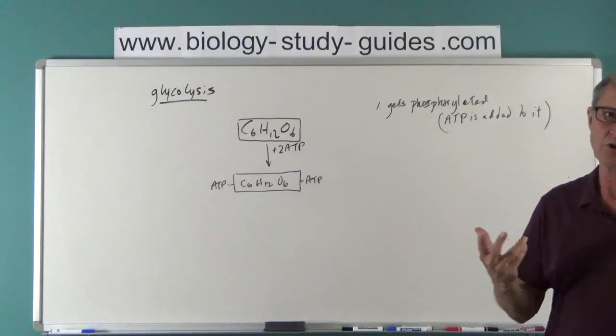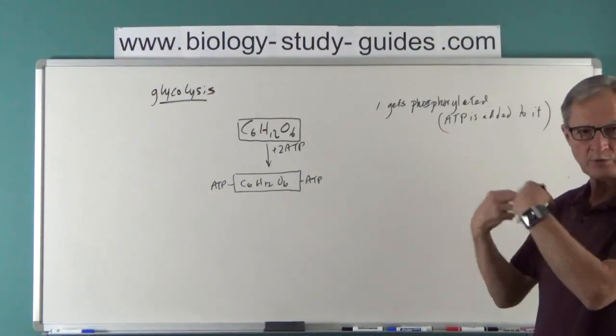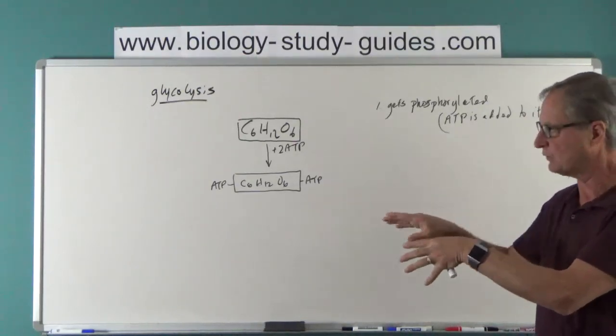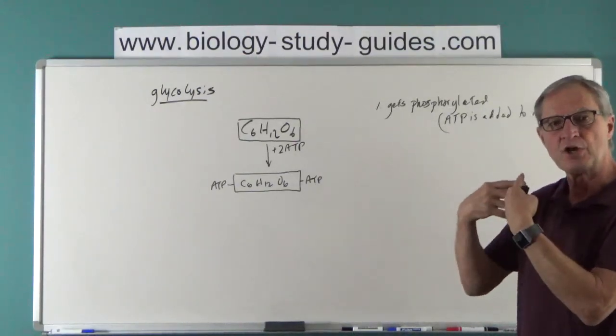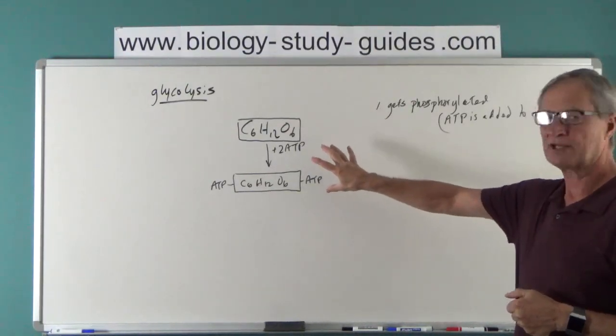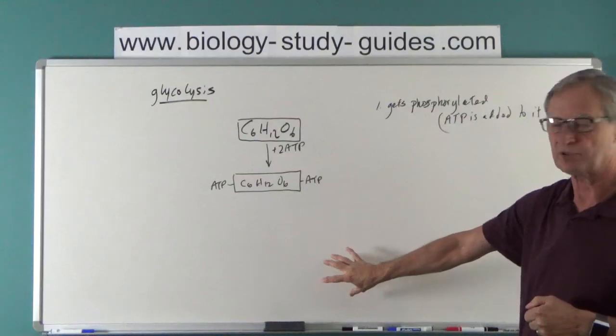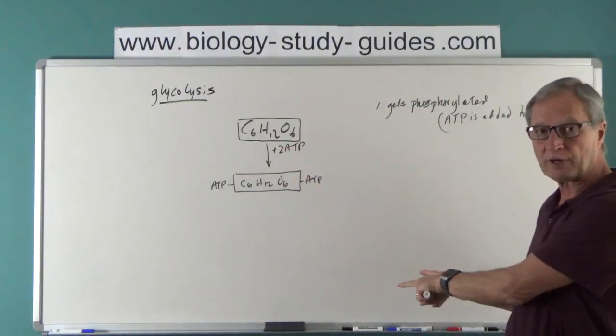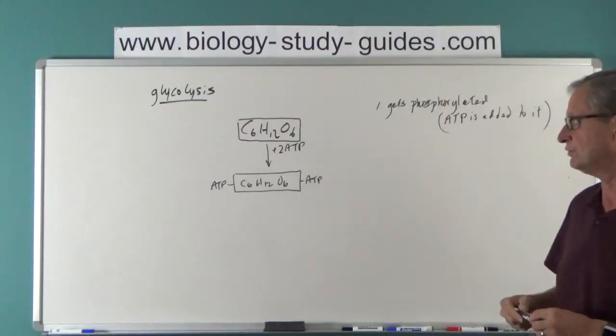Now, wait a minute, we're supposed to be getting ATP out as a product. We just put 2 ATP in. You have to remember that, because what I just erased is that we get a net production of 2 ATP out of glycolysis. We're going to get ATP produced here at the end, but we had to put 2 in to get 4 out. So there's only a net production of 2.